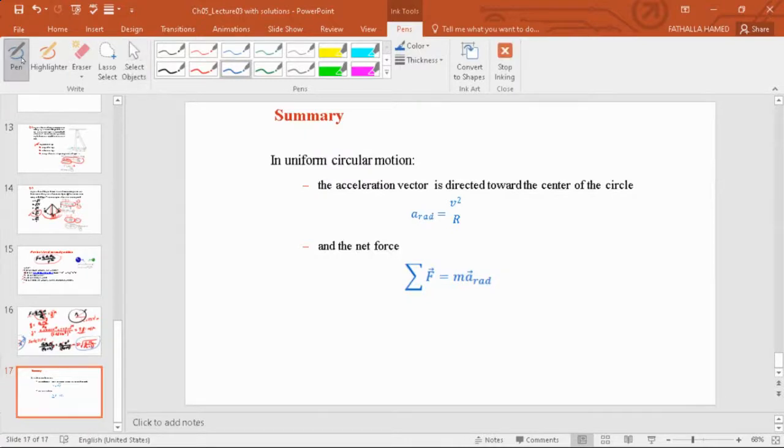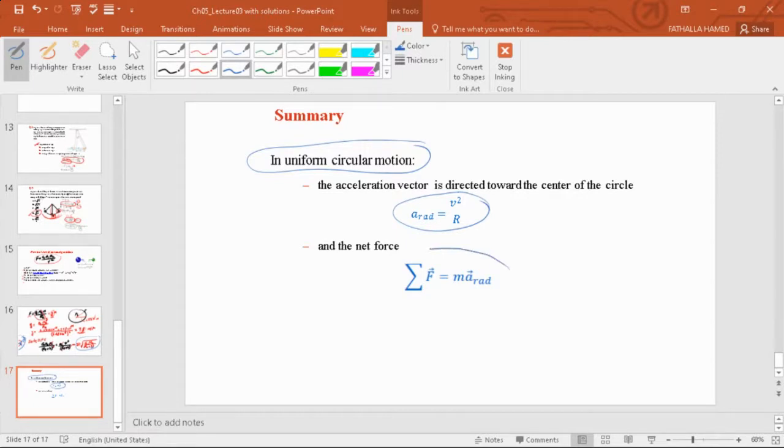So, in summary, we only touched upon uniform circular motion, and we said you always have a centripetal or radial acceleration, which is equal to v squared over r, and this points toward the center of the circle.